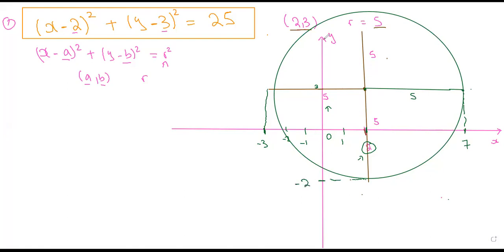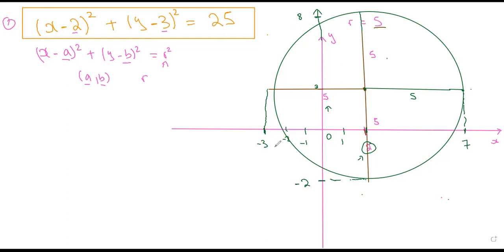And what would be the y coordinate at this point, the one on top? If this is 3, 3 plus 5 would be 8, right? Yes, excellent.